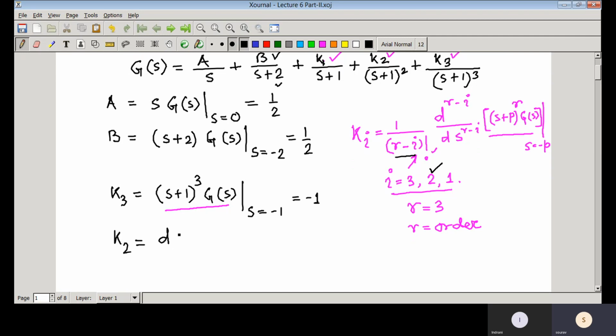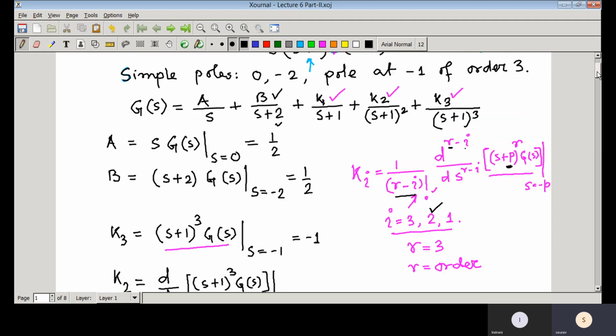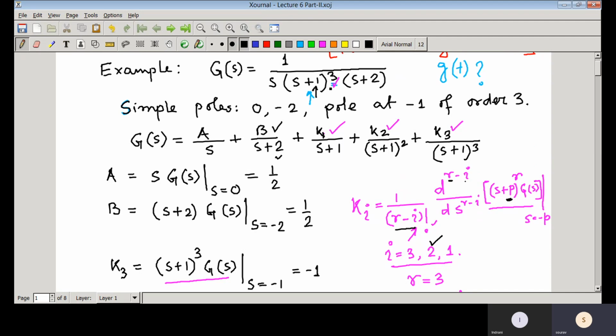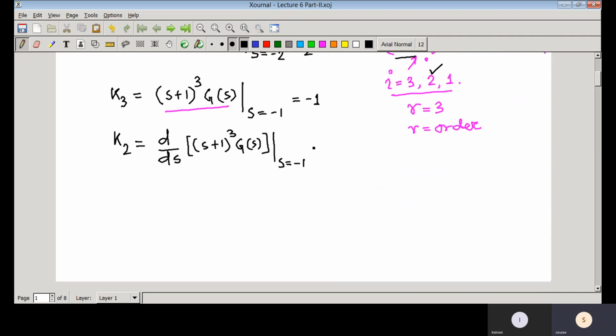Then the derivative, 3 minus 2 that is 1, the first derivative d by ds of (s plus 1) cube G(s), evaluated at s equal to -1. The reason is P is equal to 1 here. If you solve this one, you will get the value 0.